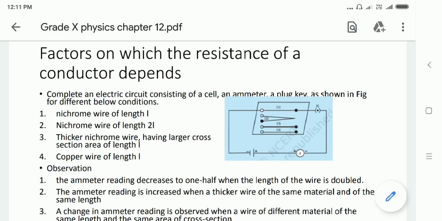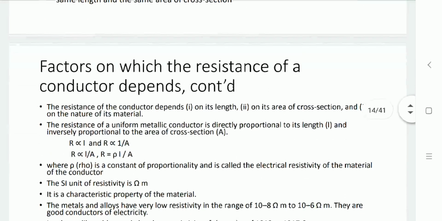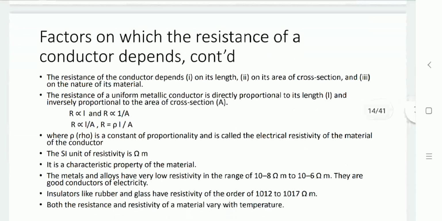So by focusing on this activity and its observations, we get that resistance depends on length, cross-section area and type of the material. According to that, we get a proportional factor: resistance is directly proportional to L and inversely proportional to the area.